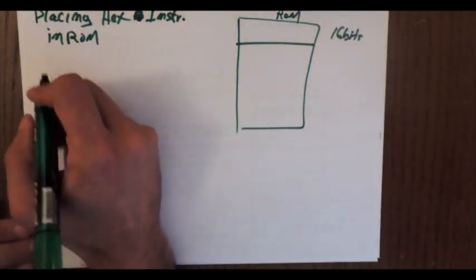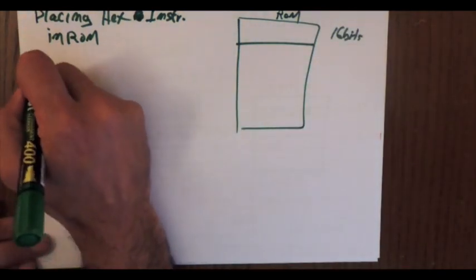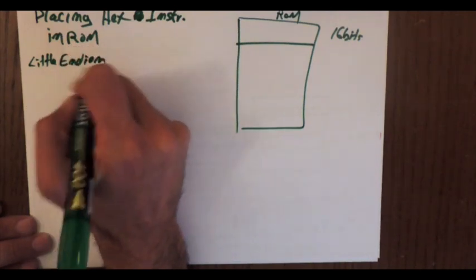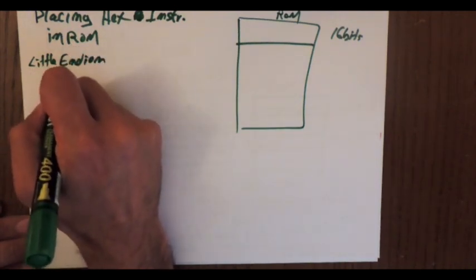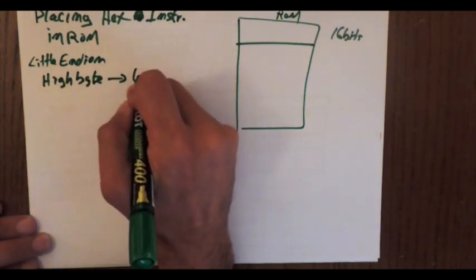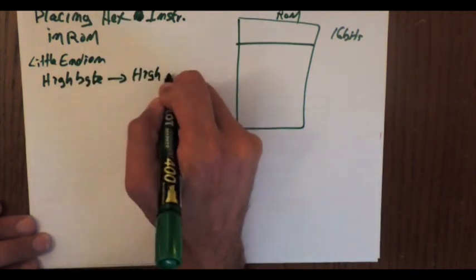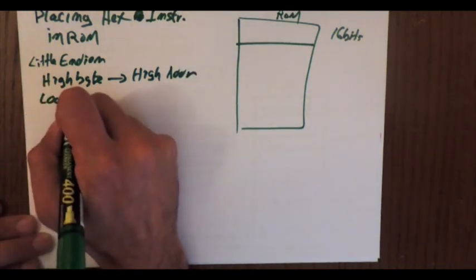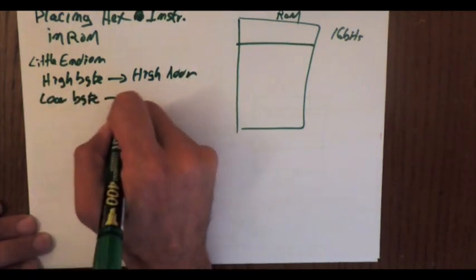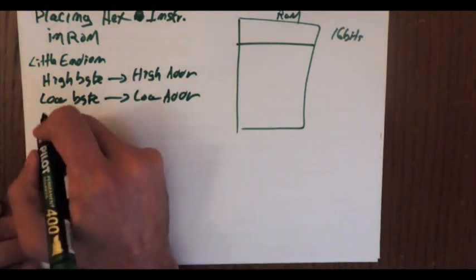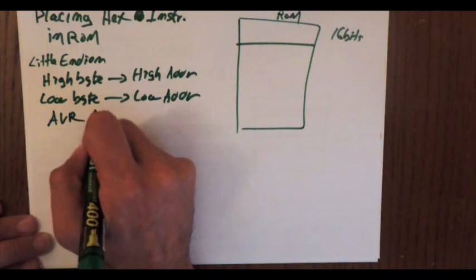So we have something called Little Endian, which means high byte goes to high address, and low byte goes to low address. I'm going to explain this, and this is what the AVR ATmega uses.